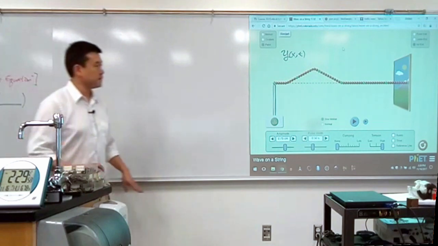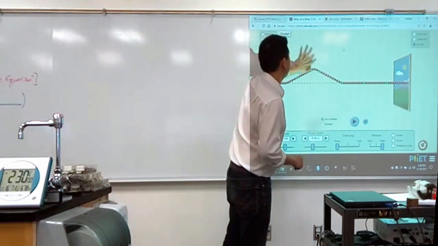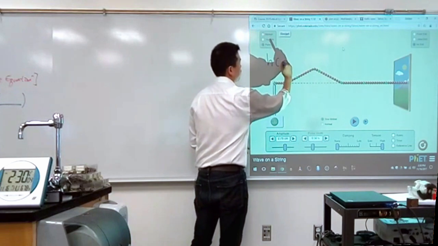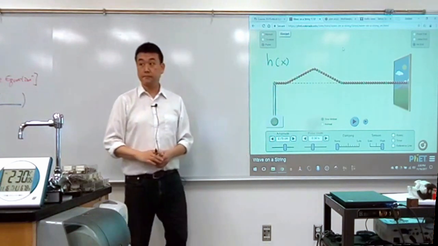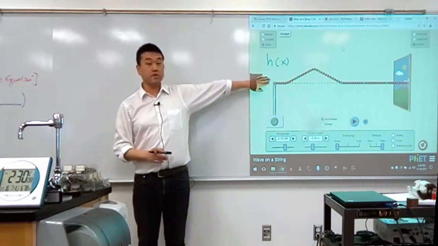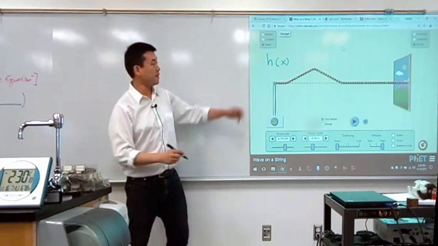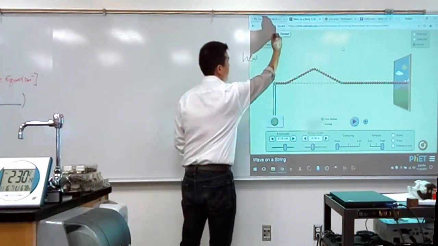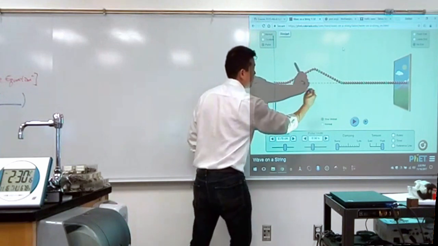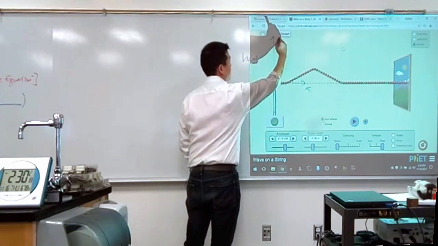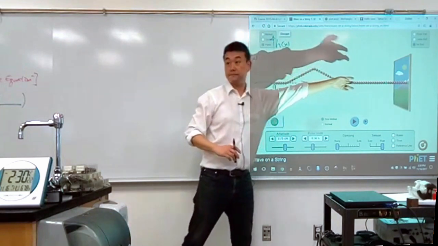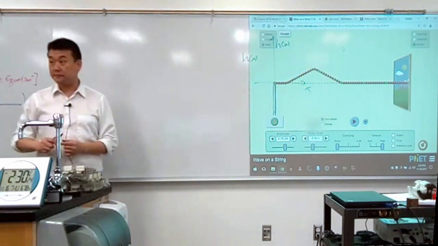Let's just say that I have a function h as a function of position x that describes this shape. If you plotted this h of x on a plot, as a function of x and h of x, then its plot would look exactly like this. Like you can imagine that, right?